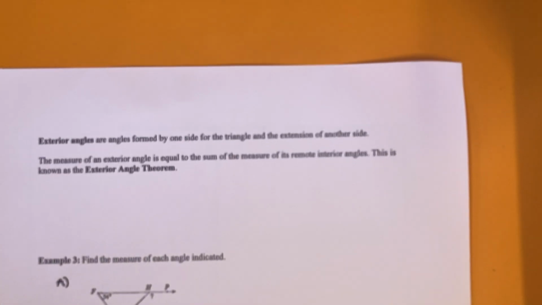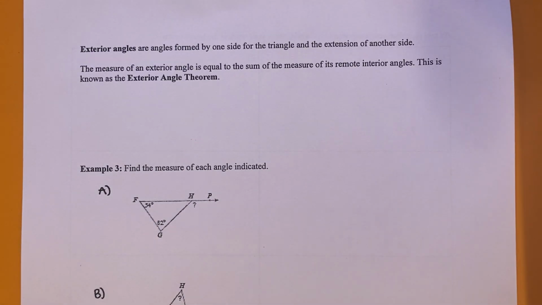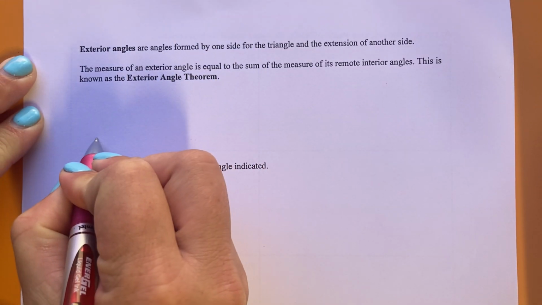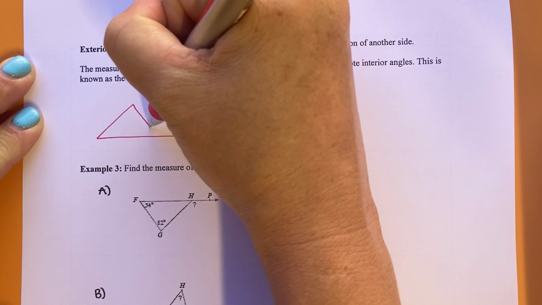The other question we have for today is when there is an exterior angle. When there is an exterior angle, I'm going to draw a line, and then a triangle.